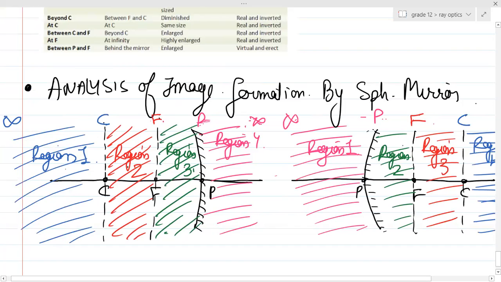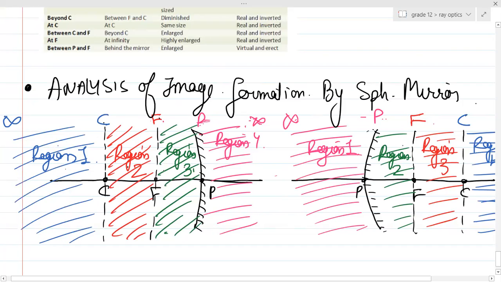Now let me tell you one thing. Suppose the object is standing very close to the pole, then the image is formed at pole only. Will you believe me, guys?